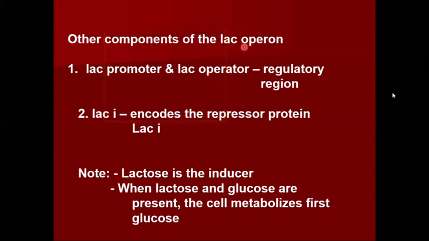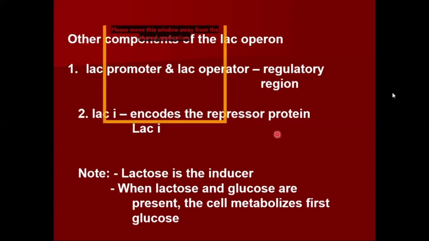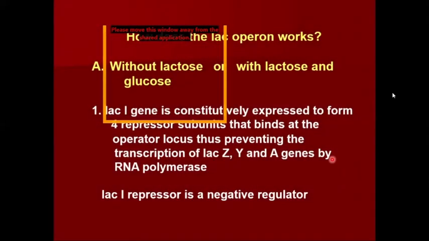So what are the components of the Lac operon? Lac promoter, Lac operator. LacI encodes the repressor protein. And what is the inducer? Lactose. When lactose and glucose are present, the cell metabolizes first glucose. Okay, how does it work?